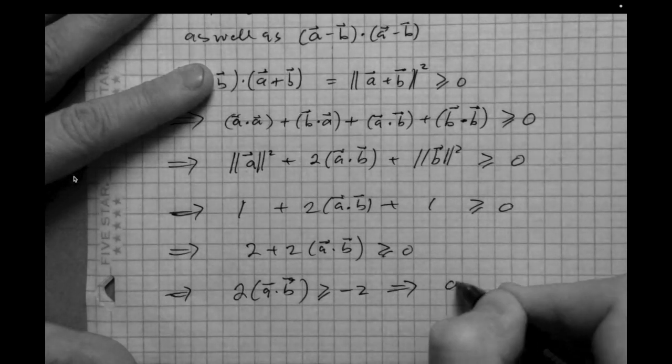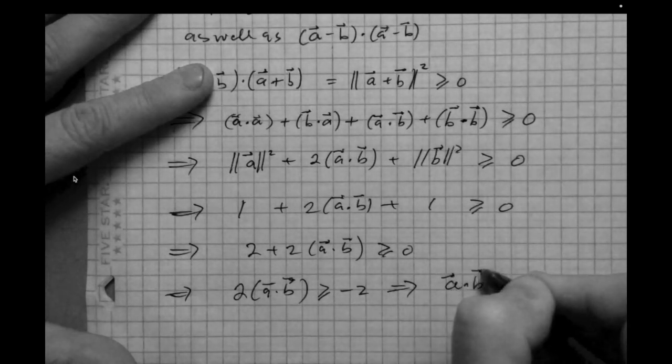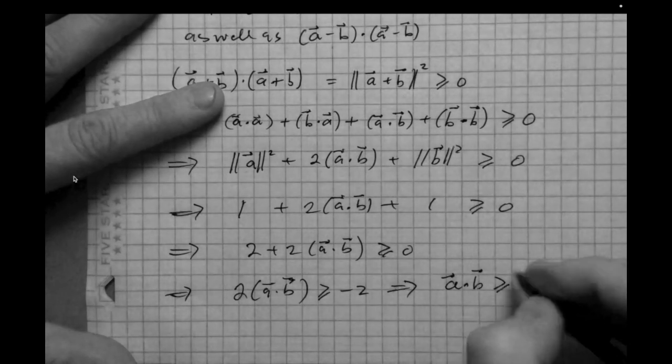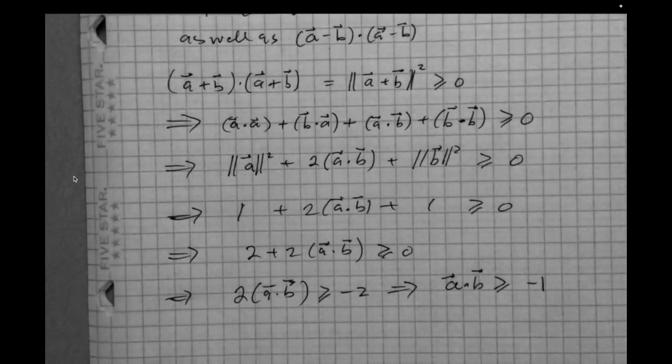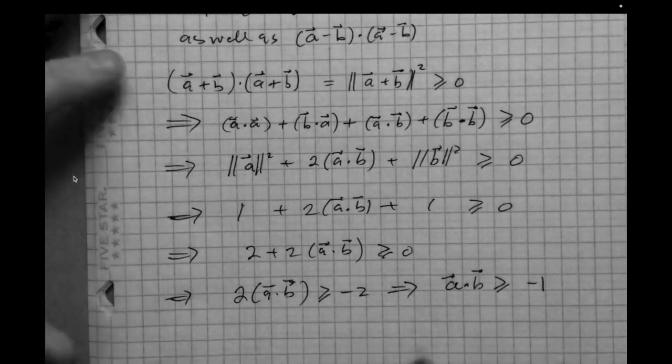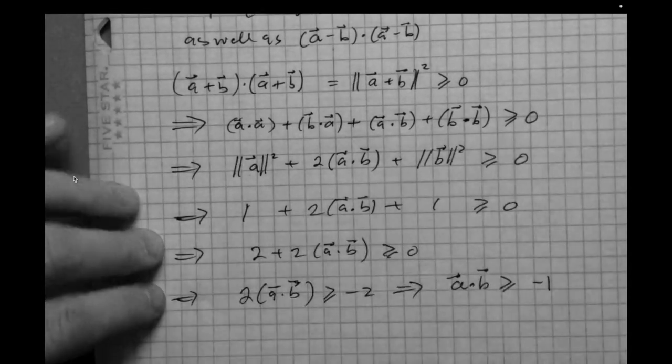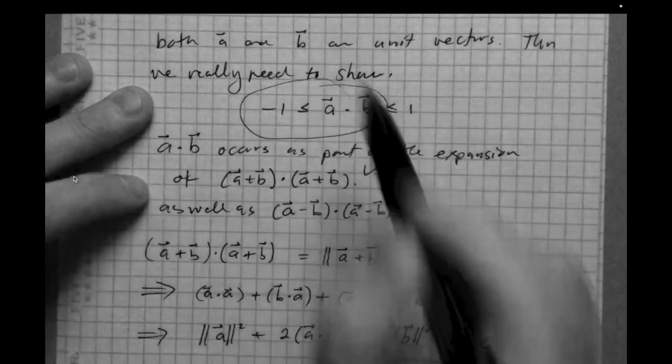And so that means a dot b must be greater than or equal to -1. Okay? And so what this shows is that if a and b are 2 unit vectors, then their dot product is greater than or equal to -1. And so this gets us half of the inequality.